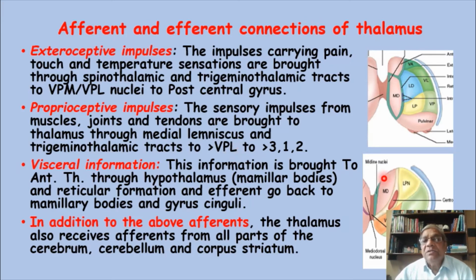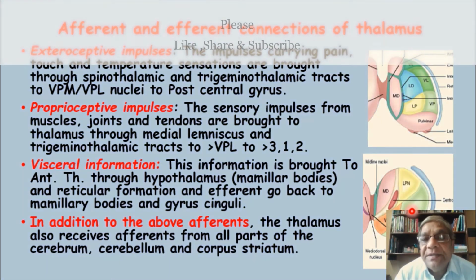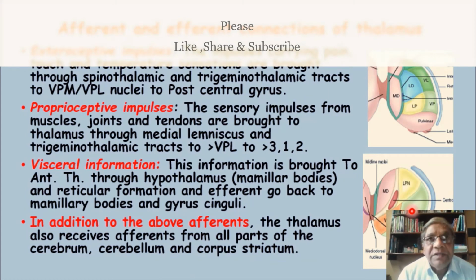ventroposterolateral nucleus. See this again, the same ventroposterior. Where the cursor is moving, see this nucleus, which is a cross section, that means a coronal section passing from this site. So this will end in the ventroposterolateral nucleus, and after relaying, the fibers will end in the postcentral gyrus, areas 3, 1 and 2, because this proprioceptive sensation is going to our level of consciousness.